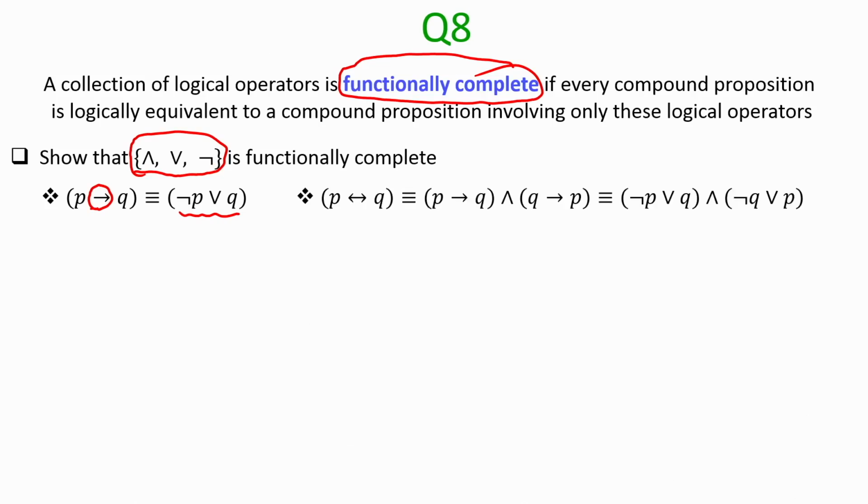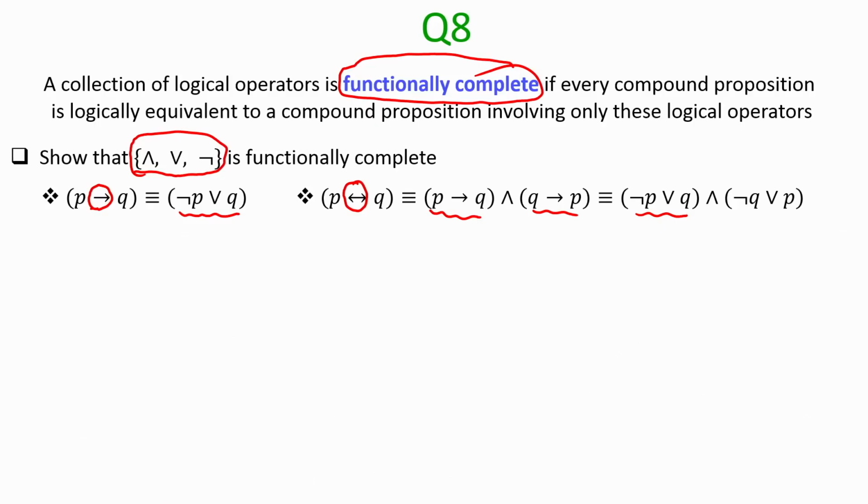What if my expression has a bi-implication symbol? I do not have to worry. I can use the identity that the bi-implication is nothing but conjunction of 2 individual implications, and I know that each individual implication can be replaced by these 2 sub-expressions.